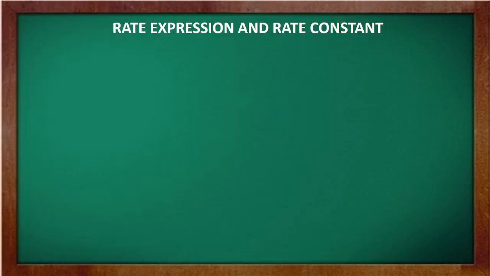Now, rate expression and rate constant. Remember that in the previous video we learnt about the average rate expression, the rate that we wrote in the previous class. Suppose a reaction was given: NO2 decomposes to N2 plus O2.